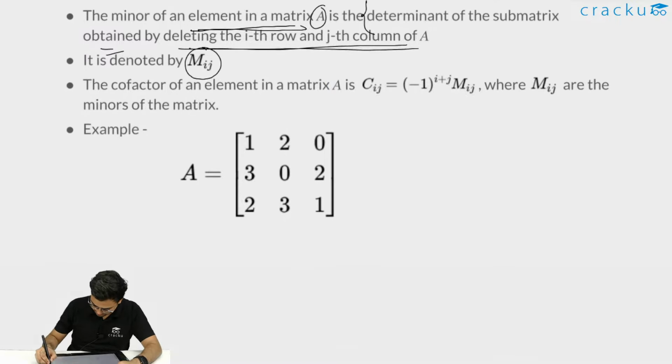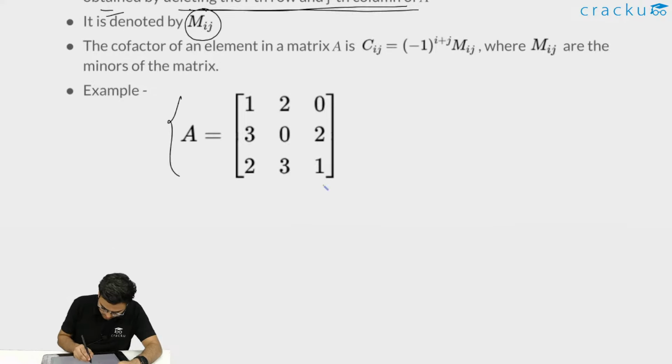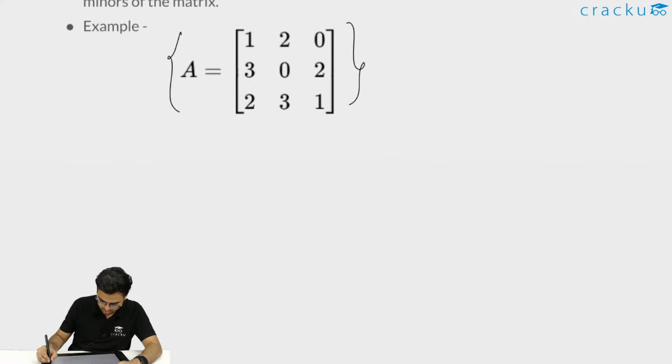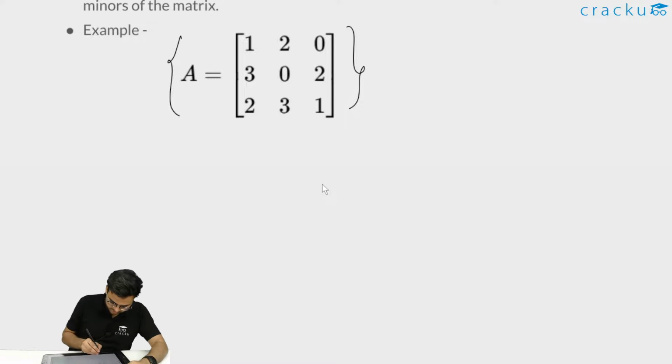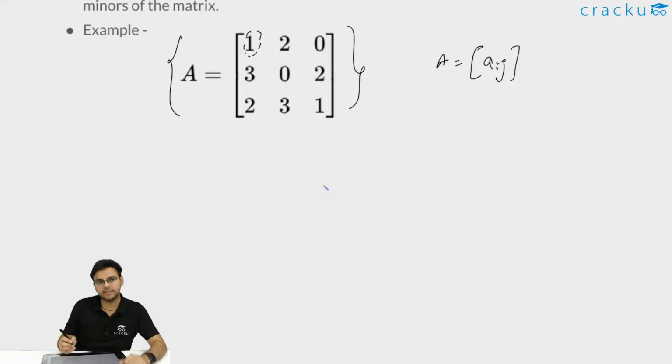So let's say this is a matrix. Minor is basically defined for each element. A is equal to Aij is the general matrix form. Now this is A11, this is A12, this is A13.